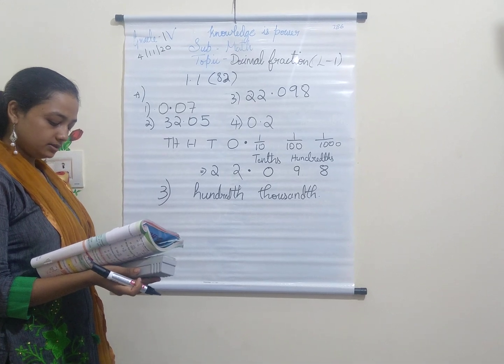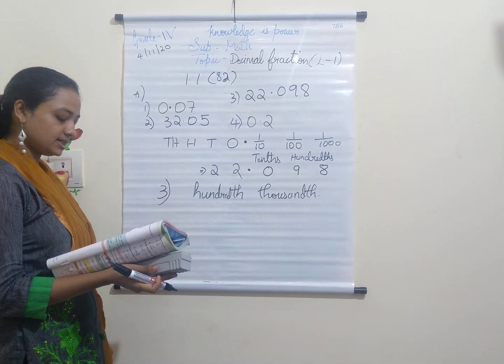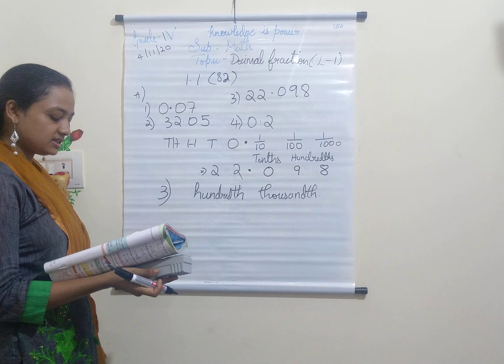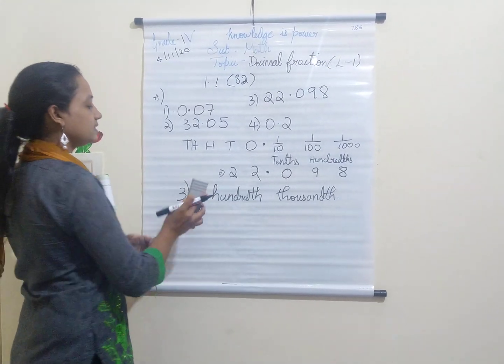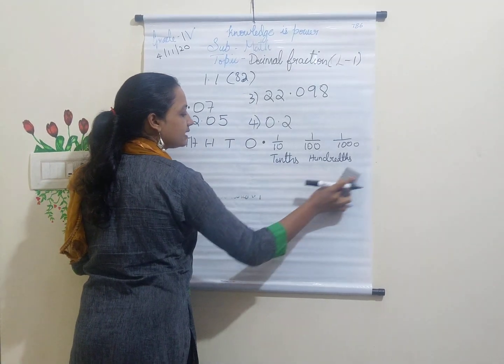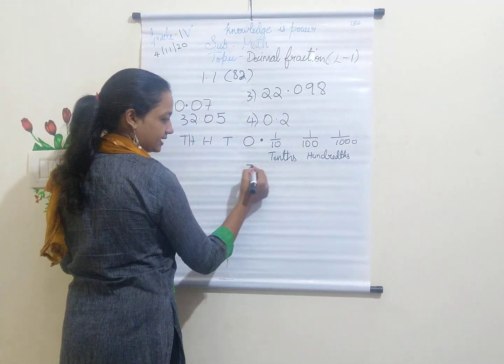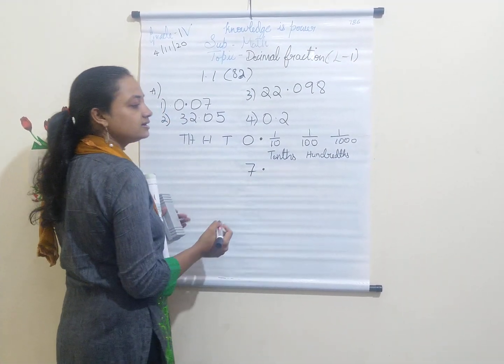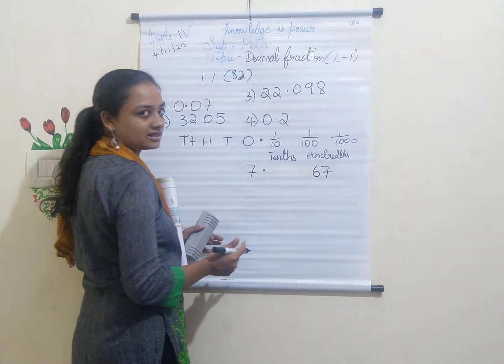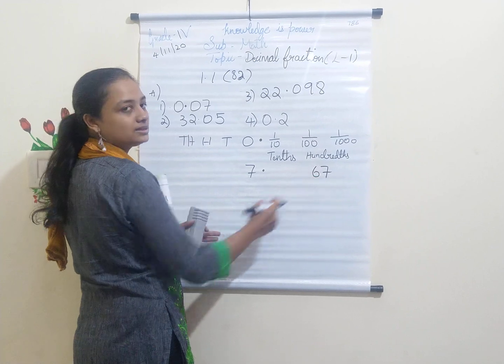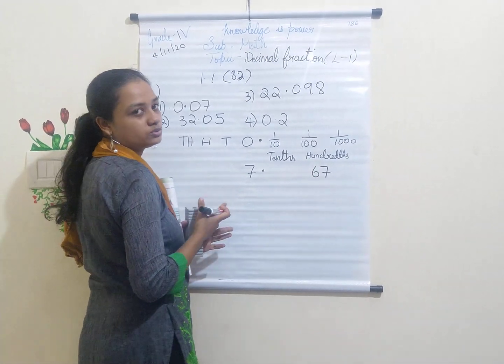So next one, 7 and 67 thousandths. So see this carefully. I have 7 and 67 thousandths. So do I write both in this place value? No, I can't.